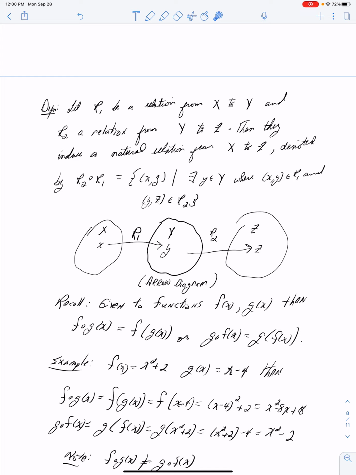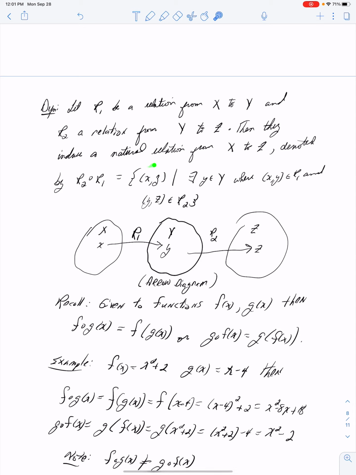So let R1 be a relation from X to Y, and R2 a relation from Y to Z. Then I claim that you have a natural relation starting at X and ending at Z. And we denote that R2 composed with R1. So what's R2 composed with R1?